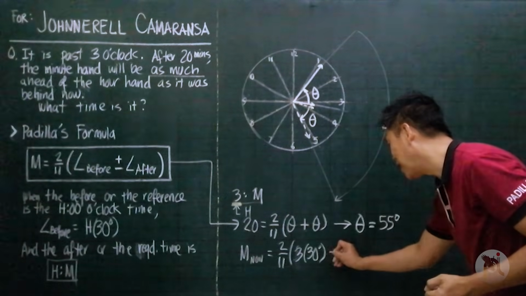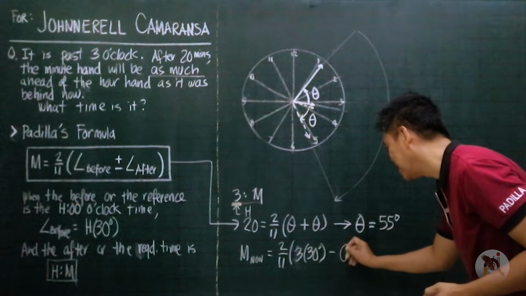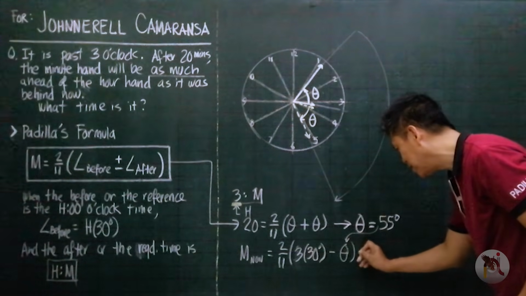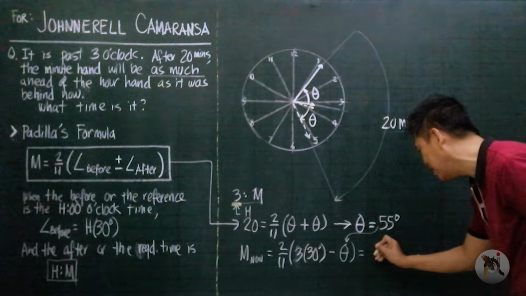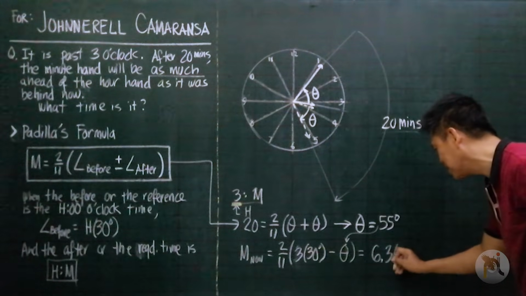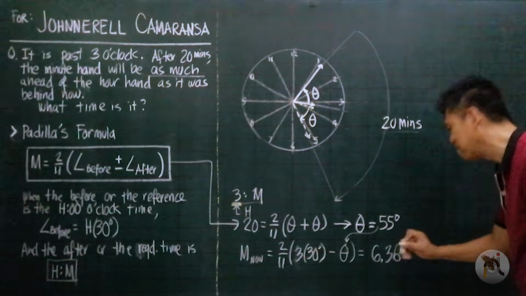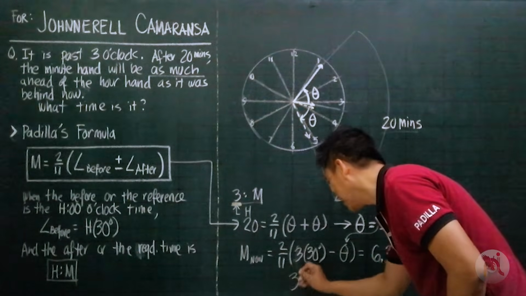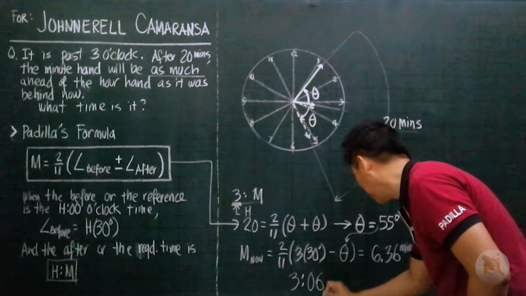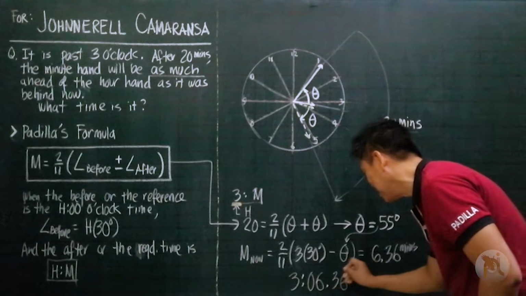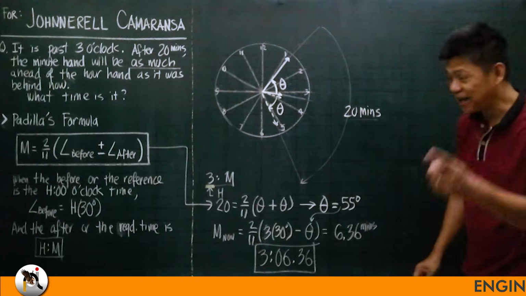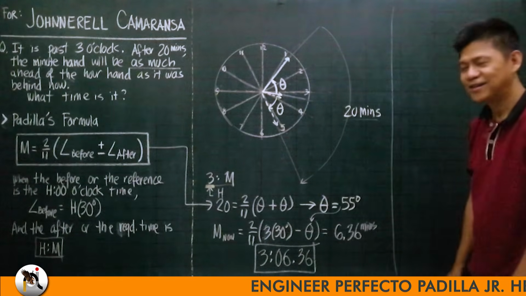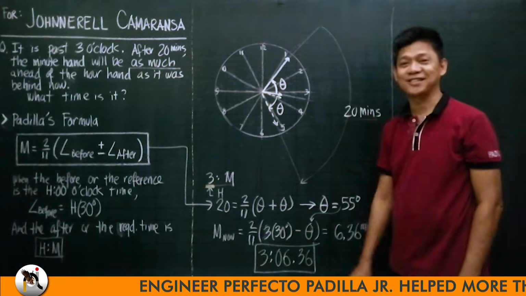You substitute 55 degrees here and solve. This is going to be 6.36 minutes. The time now is 3:06.36. The time after 20 minutes, of course, plus 20, is 3:26.36. You get it?